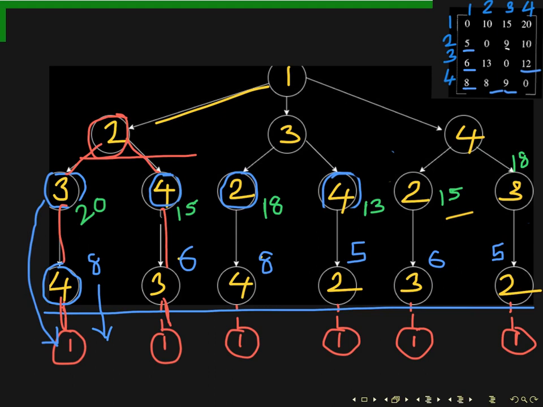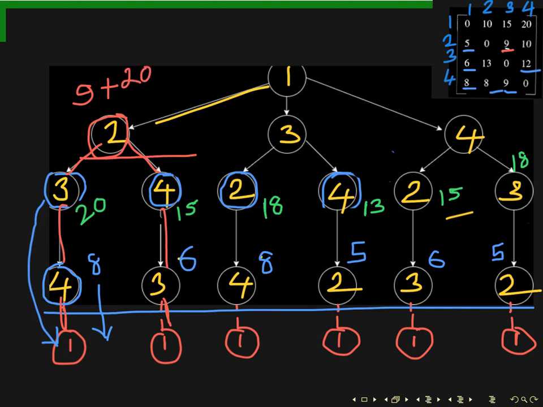In this case, if you take the route 2, 3, 4, 1, then the cost will be the distance from 2 to 3. The distance from 2 to 3 is 9. So 9 plus the minimum cost at 3, that is 20.